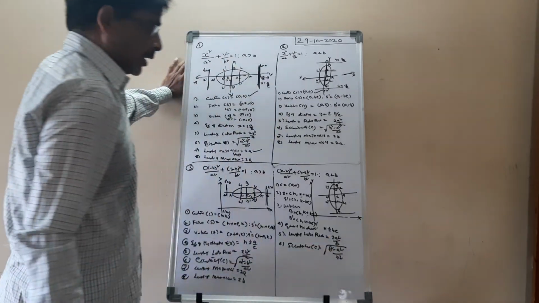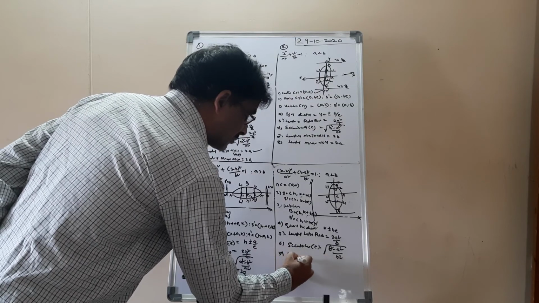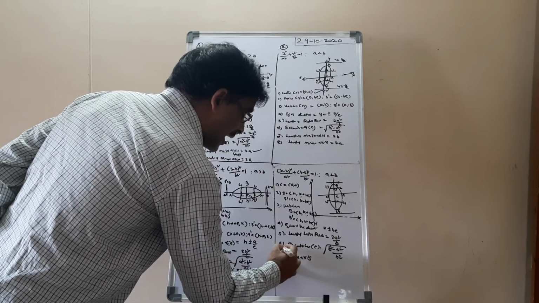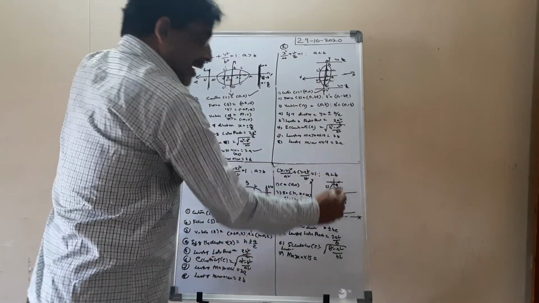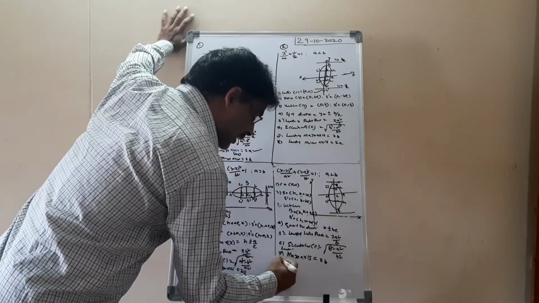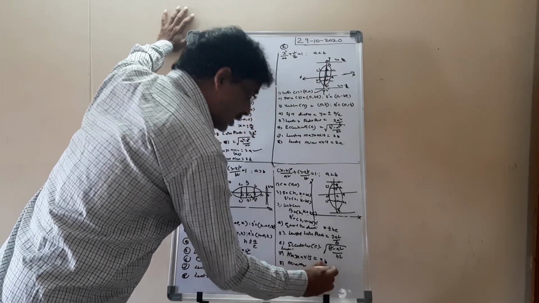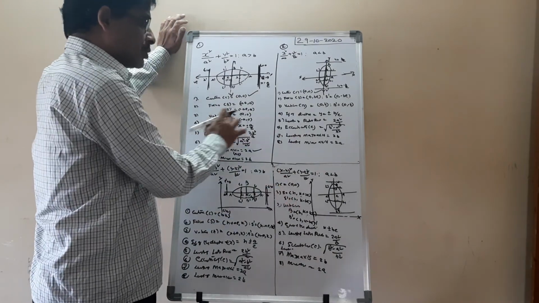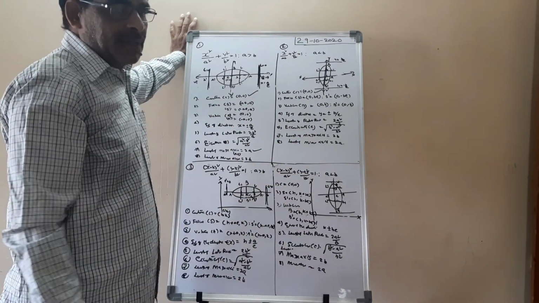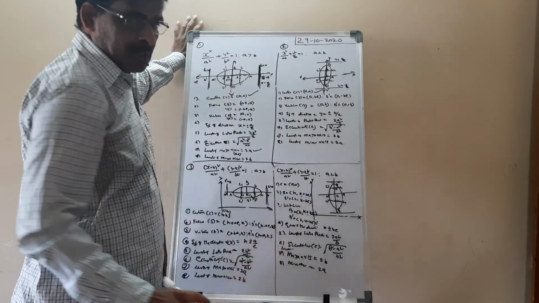And the seventh one, the length of the major axis: in this figure the major axis equals 2b and the minor axis equals 2a. Of these four, two we discussed in previous videos, and two are new in today's class.